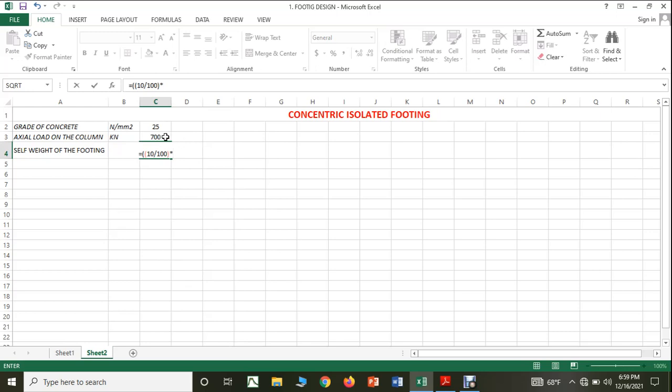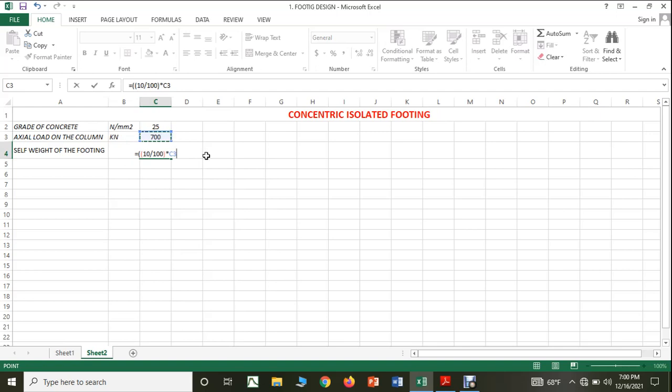So you just click on this cell. Now you can see 10 divided by 100 multiplied by C3. C3 represents this column, column C and the corresponding row number 3.